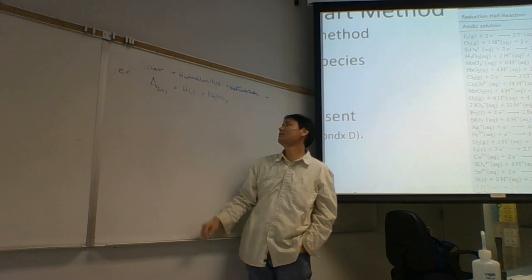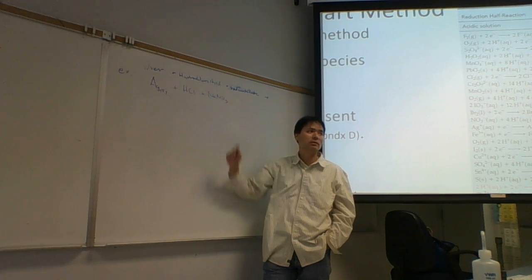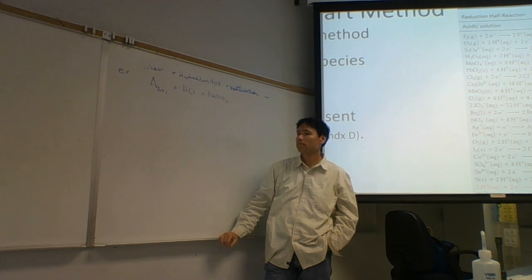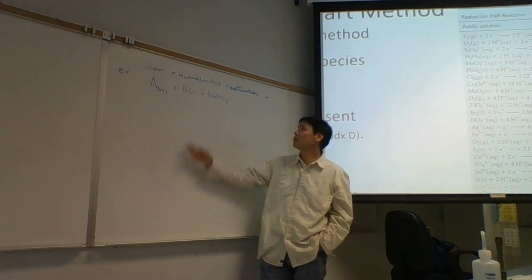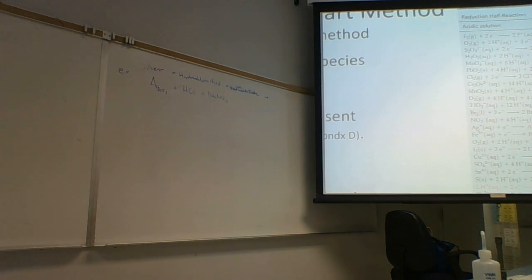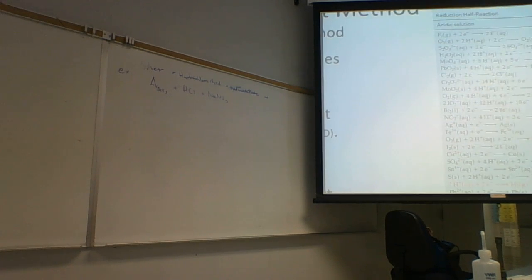Well, let's forget about the silver right now. Let's just see, will a double replacement occur between these two? What would we form? Would it be like sodium chloride and nitric acid? Yeah, sodium chloride and nitric acid. So we're going from hydrochloric acid to nitric acid. If we go from hydrochloric acid to nitric acid, is that a driving force?